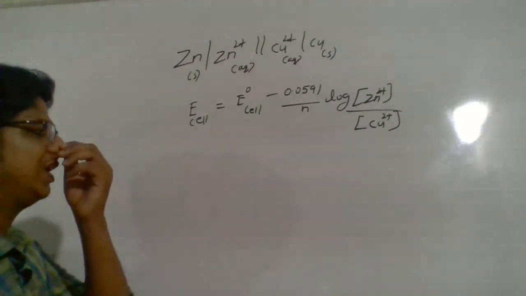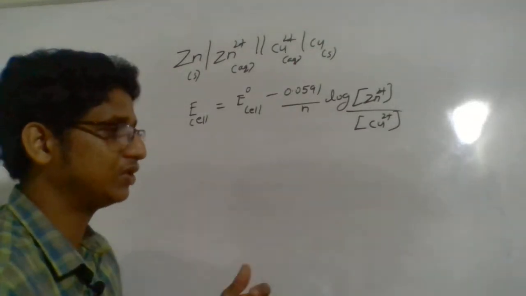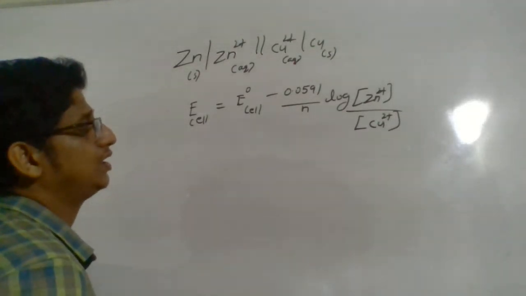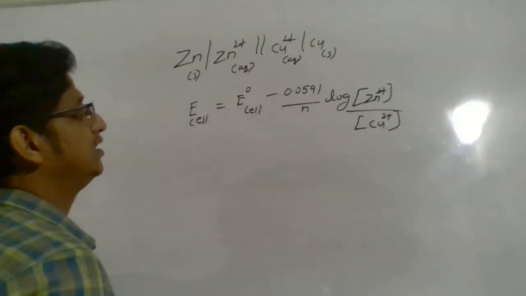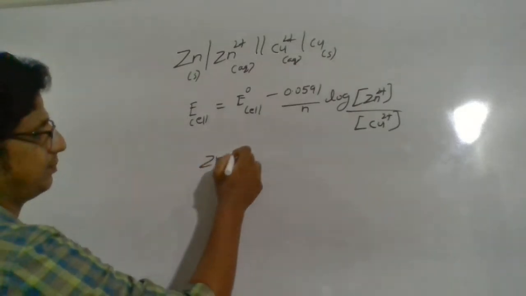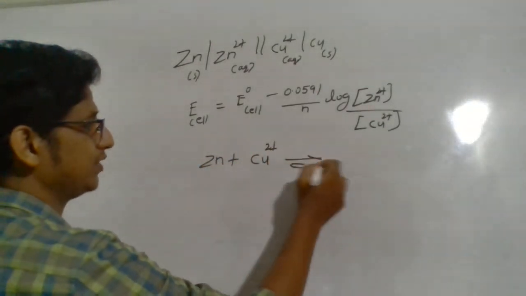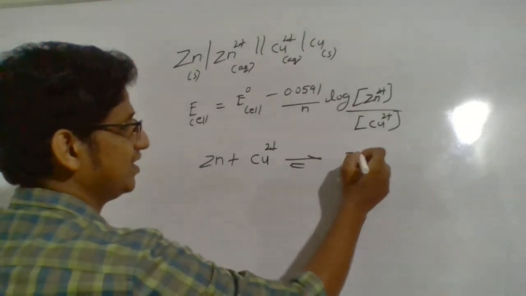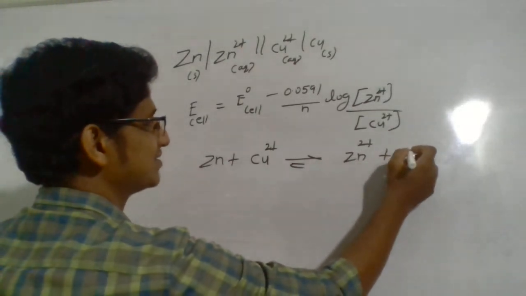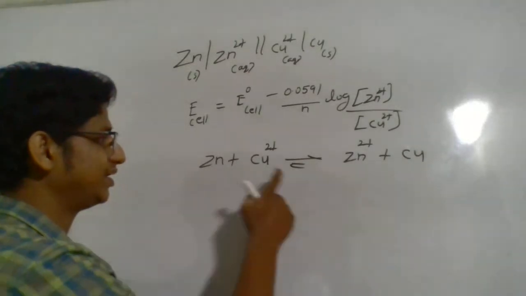At equilibrium, the situation is reached where there is no more cell reaction. Let me represent it like this: Zn plus Cu2+ in equilibrium gives Zn2+ plus Cu. This is the overall cell reaction of the Daniel cell at equilibrium.